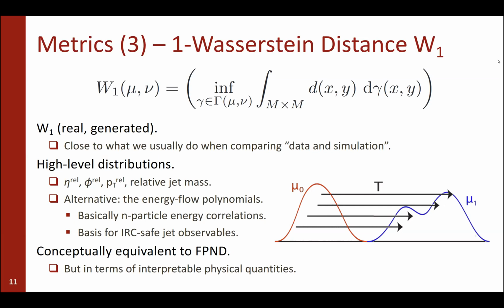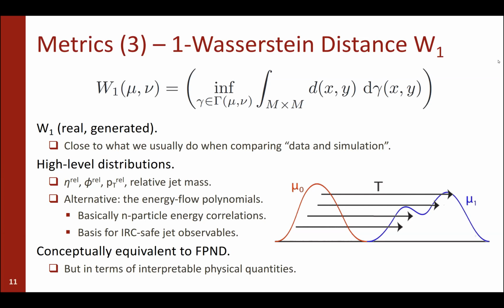We choose for our high-level features: relative eta, relative phi, relative pT, and relative jet mass, which are good. I mean, it's exactly what we want to read. We want the distribution of our generated jets to follow the real ones, but it's not absolutely obvious that these are all the needed high-level features.